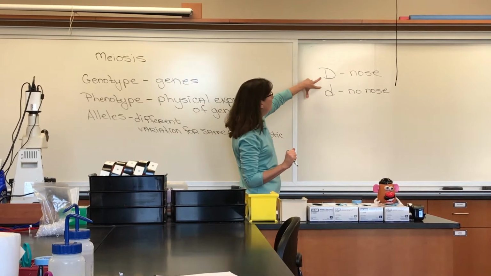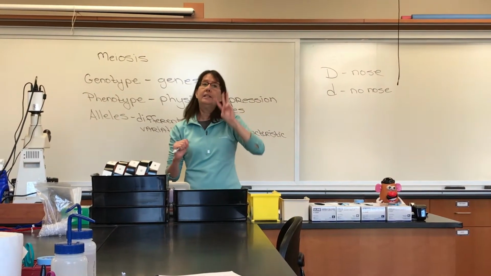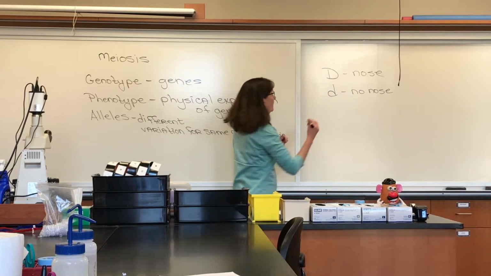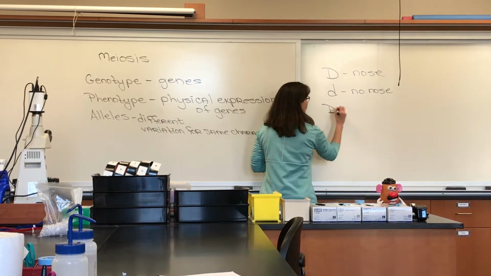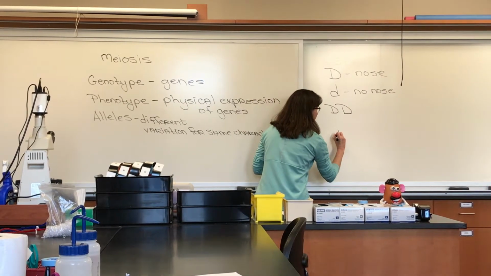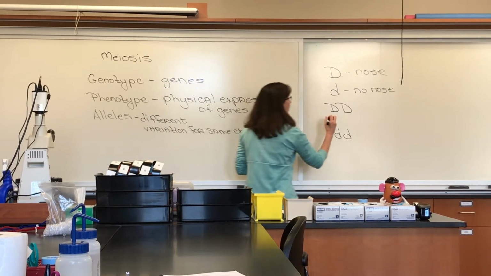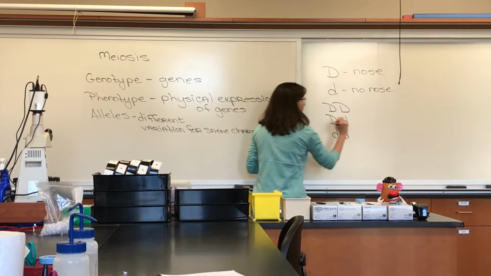So with two different alleles, we can actually come up with three different genotypes. Potato Head can have two dominant alleles. Our potato can have two recessive alleles, or can have one of each.